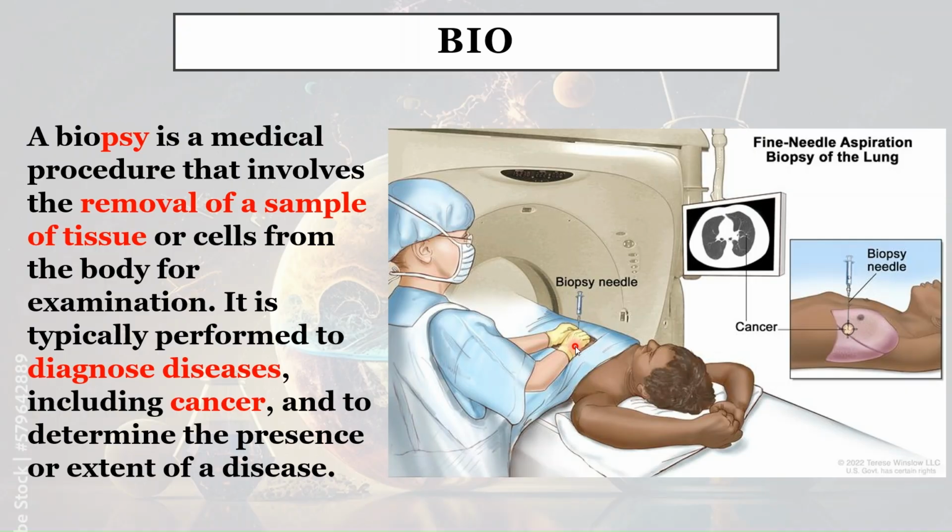That is called biopsy. In a biopsy, they remove a sample of tissue and examine it in a proper lab facility. Generally we use it in the identification of cancer.